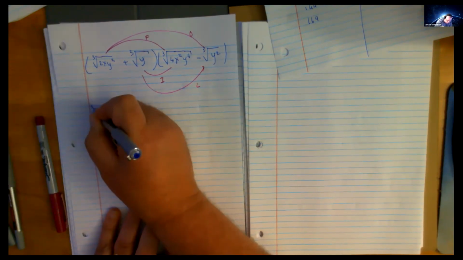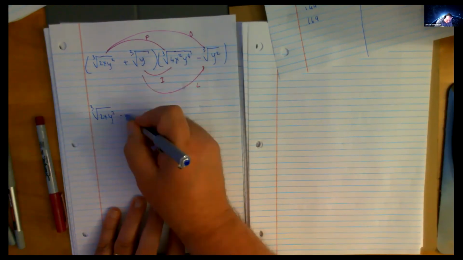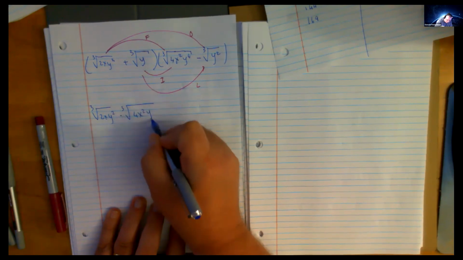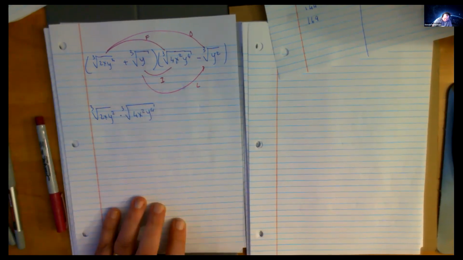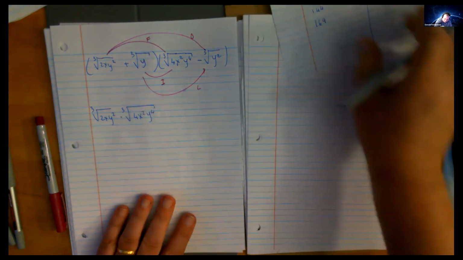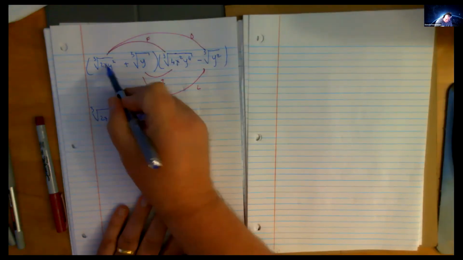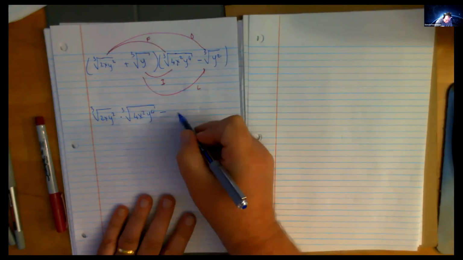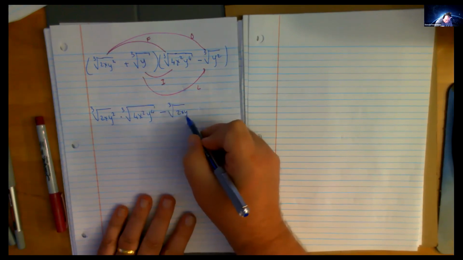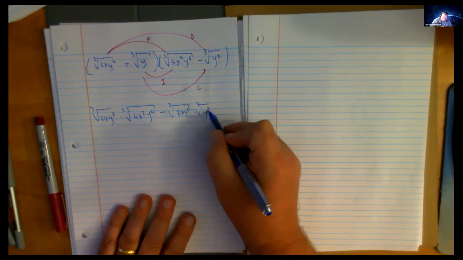The cube root of 2xy squared gets multiplied by the cube root of 4x squared y to the 4. And it looks like I'm going to need to go all the way over here. This guy times this guy is next, so it's negative the cube root of 2xy squared multiplied by the cube root of y squared.